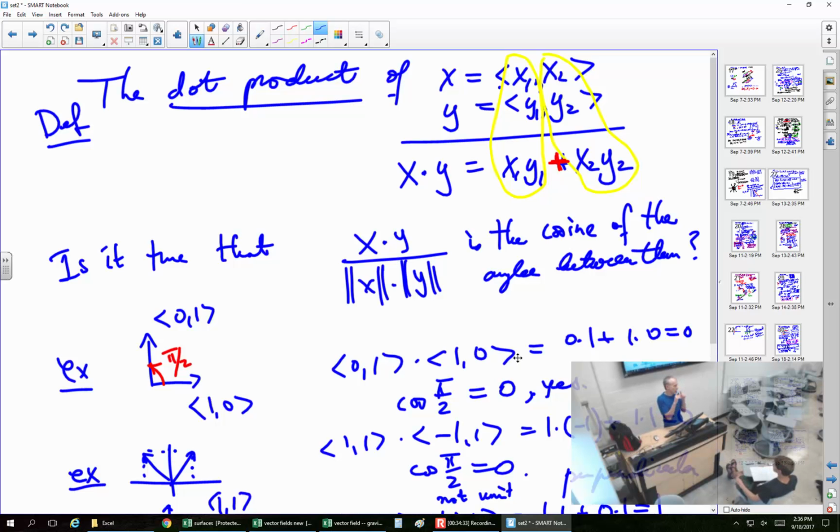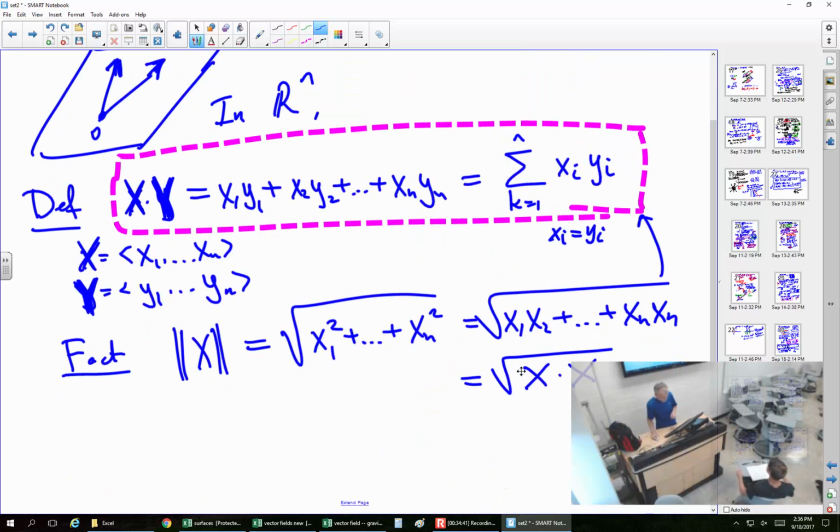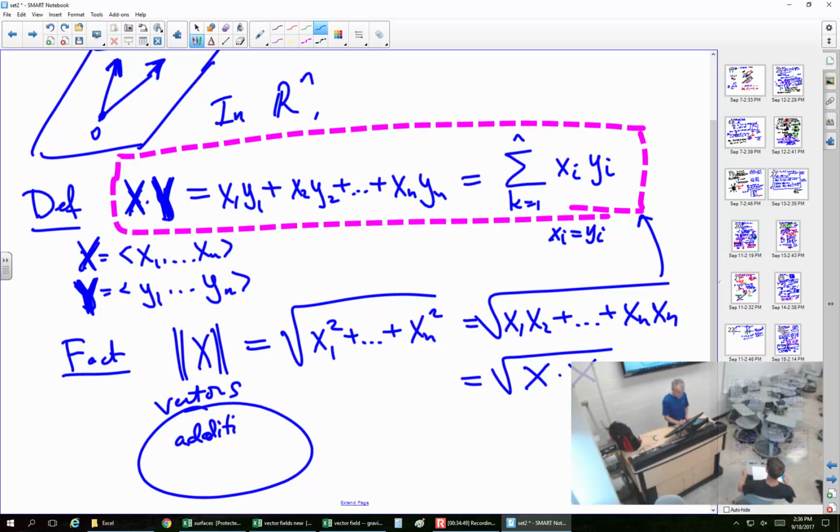So if we're doing these operations, we stay within the vectors. If you pick two vectors and add them, you get a new vector. Either addition or scalar multiplication keeps these operations within the realm of vectors.